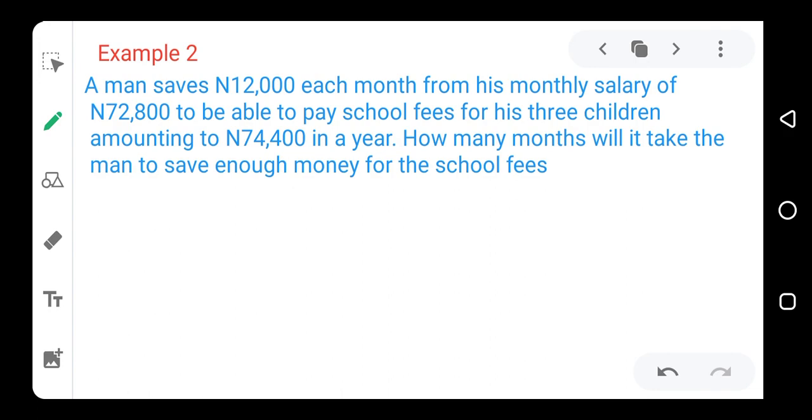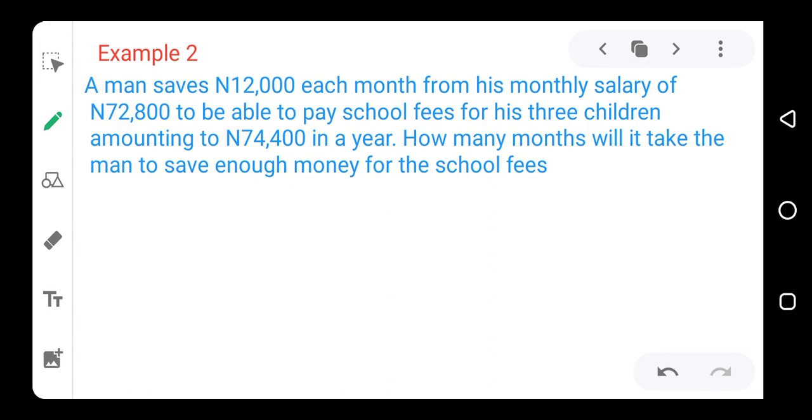Out of 72,800 naira, the man is saving 12,000 naira each month. And the amount that the man has to spend in a year for the school fees is 74,400 naira. So the question is asking us, how long will it take the man to save up to 74,400 naira?